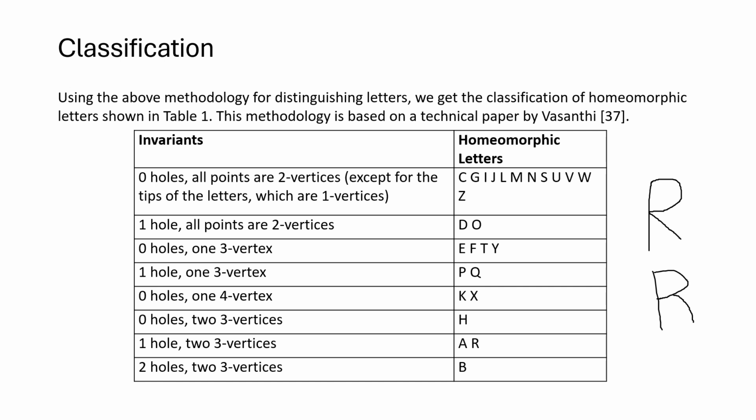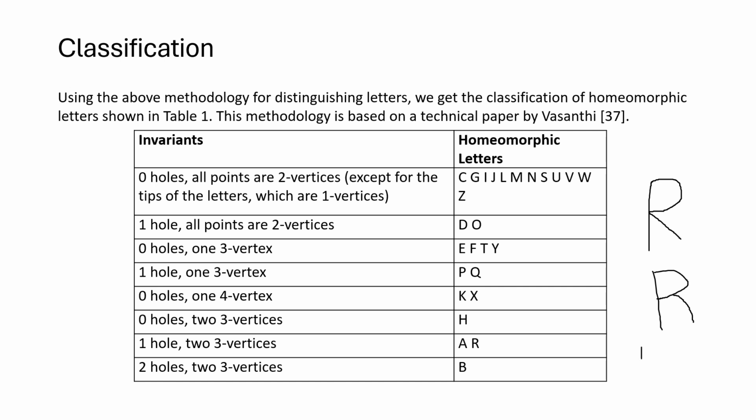Then the last one is B, and that has 2 holes, and it has 2 3 vertices. And again, that's the way we've drawn the B here. We could have drawn the B a little bit differently. I can show that here.